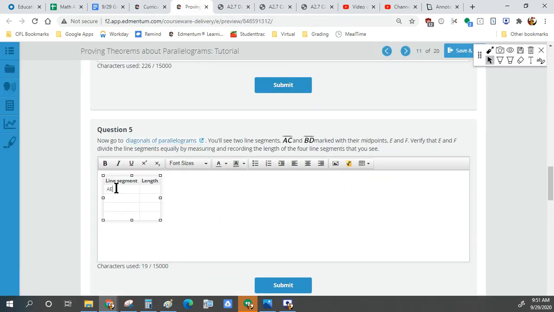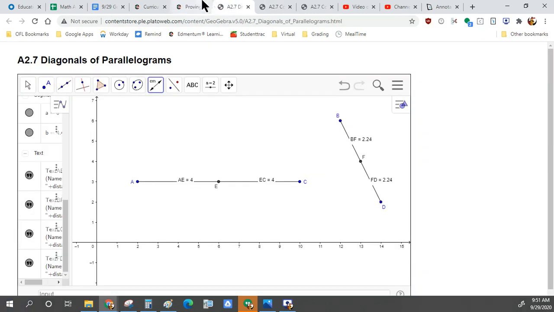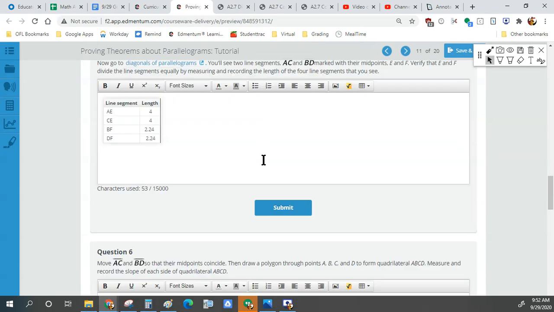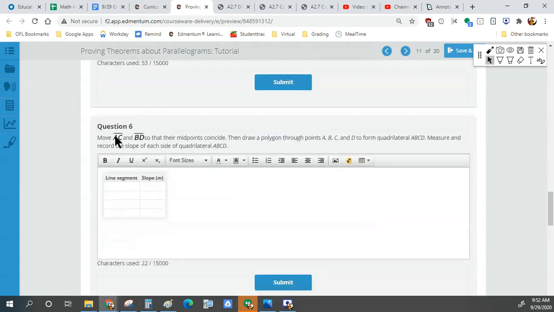So I say AE, AE, these are both 4. EF, DF. Well, which one was those? Those were 2.24, 2.24. Record your findings. There we go.